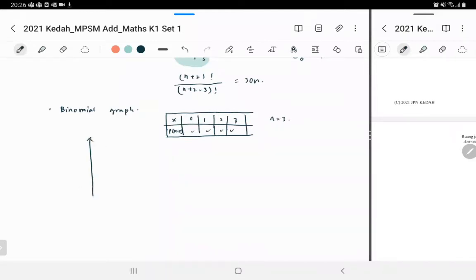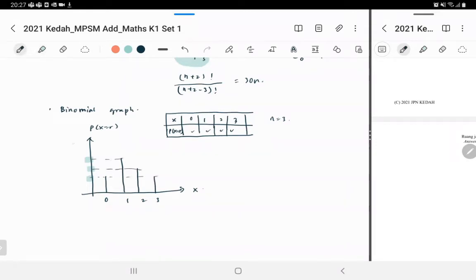Okay, the binomial graph, if you still remember, something like this one, straight line going up one. Okay, P(X = r), and then this one is x, 0, 1, 2, 3. Like if the question have 3 trials, then you have 3 straight line only. Okay, and then the value at the side here is actually the probability.